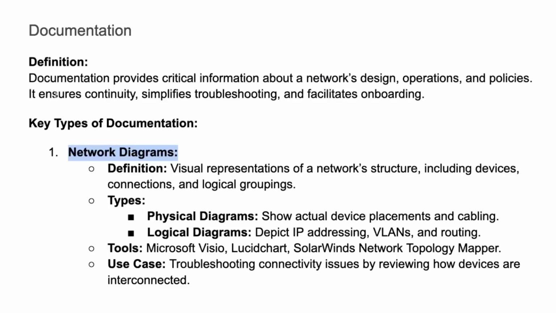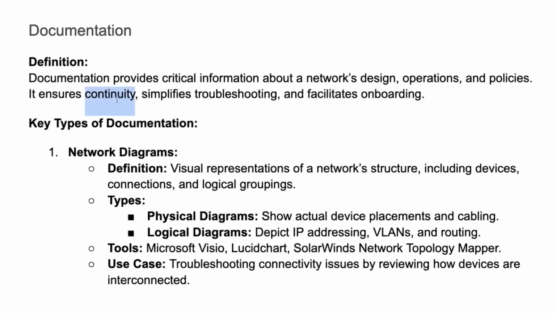The documentation element ensures continuity. It simplifies troubleshooting and facilitates onboarding. So you literally have training manuals that fall under documentation. You have new employee orientation that would fall under documentation.